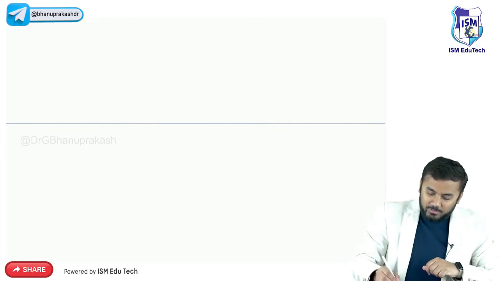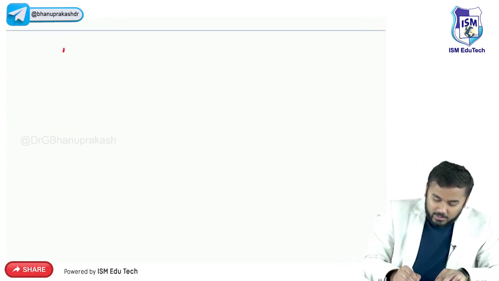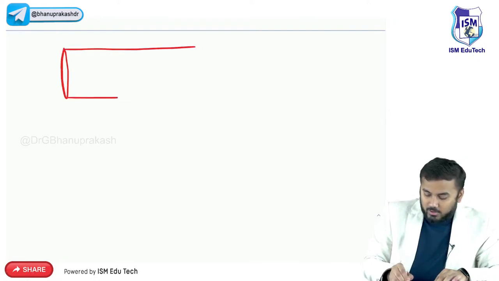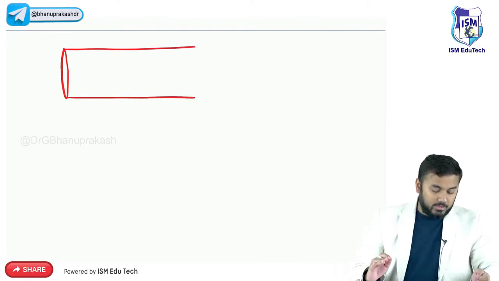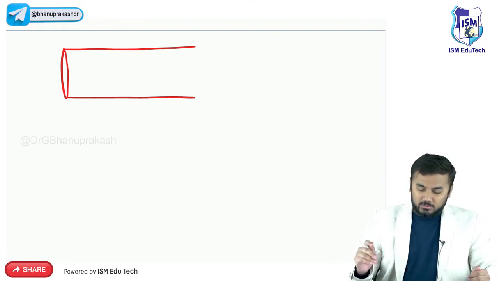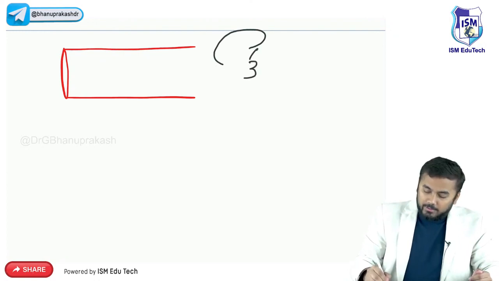Now, for example, this is your blood vessel, this is your blood. Let us discuss this complete lecture with full understanding, conceptually, guys. This is a blood vessel, and let us say this is your brain.